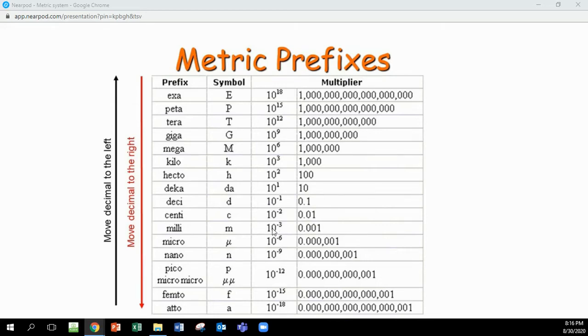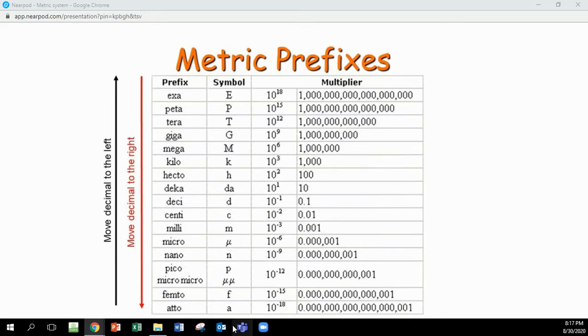Milli is times 10 to the minus 3. So it went minus 1, minus 2, minus 3. Then it goes minus 6, minus 9, minus 12, minus 15, minus 18. In the other direction, deca is times 10 to the positive 1, then 2, then 3, then it jumps up to 6, 9, 12, 15, 18.